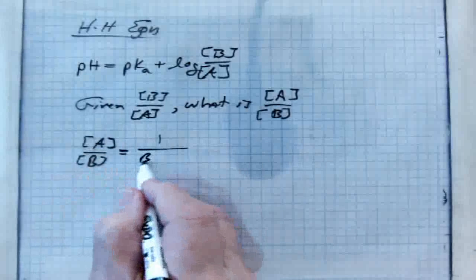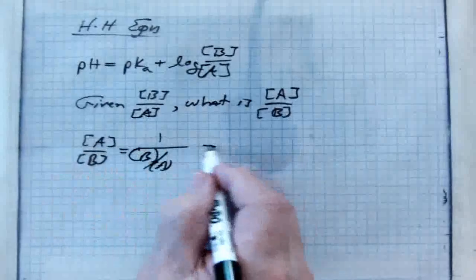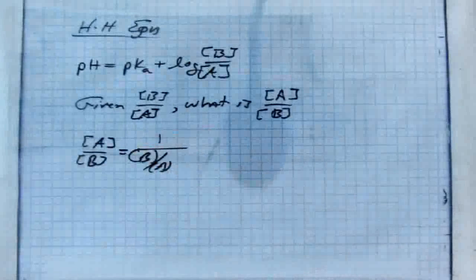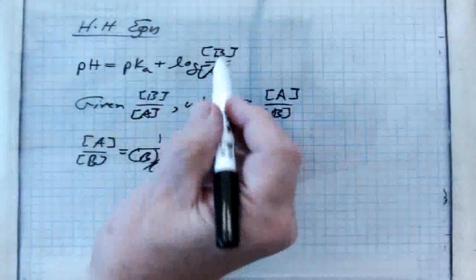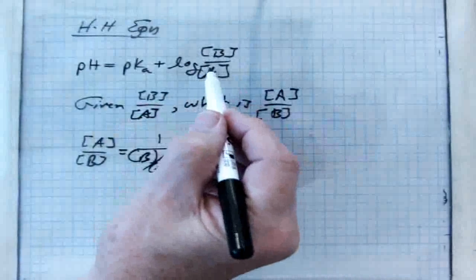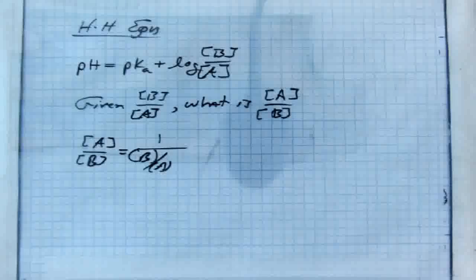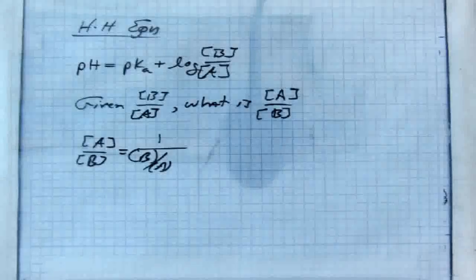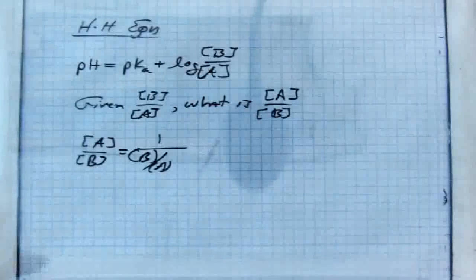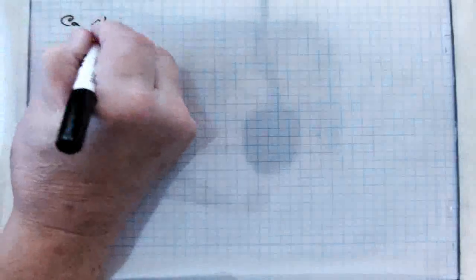Let's just get the concentrations. Given 25 milliliters of 0.15 molar NH4OH plus 30 milliliters of 0.20 molar NH4 chloride, there's your base and common ion.